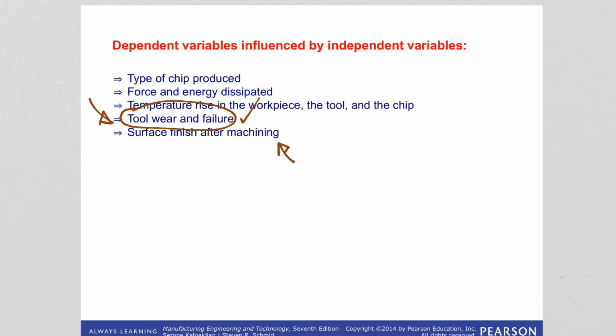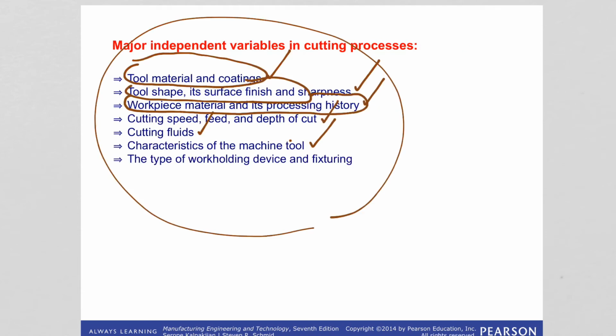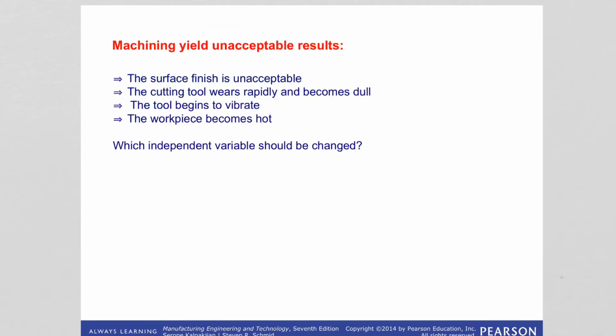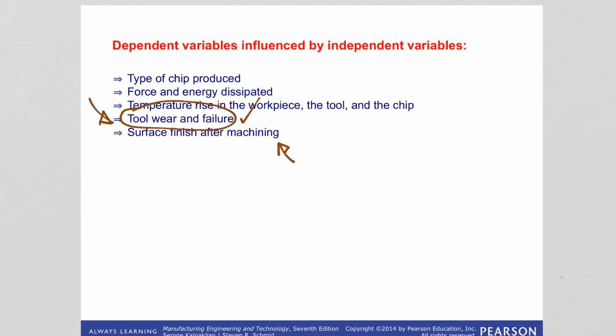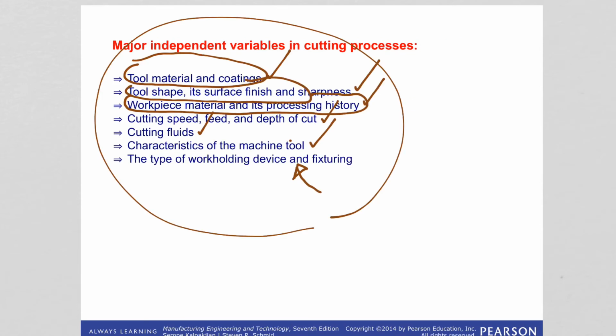So there might be a problem in your type of work holding device and fixturing. If you observe that your workpiece becomes hot, maybe there is tool wear and you need to choose the correct tool materials and coatings.